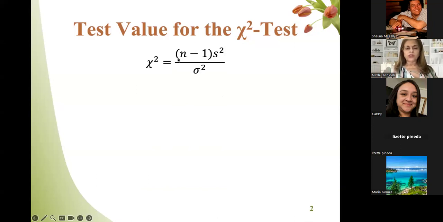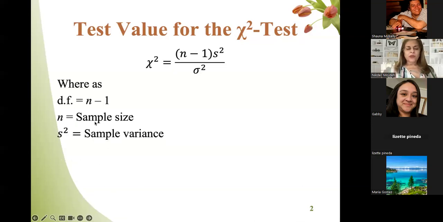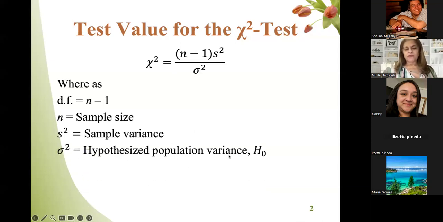So chi-square is equal to n minus 1 times s squared over sigma squared, where n minus 1 is degree of freedom, n is the sample size, s squared is sample variance, and sigma squared is hypothesized population variance.